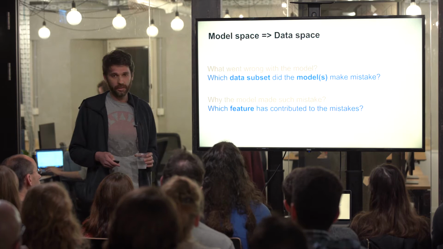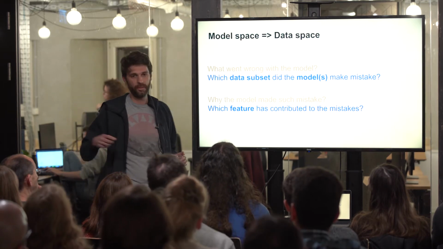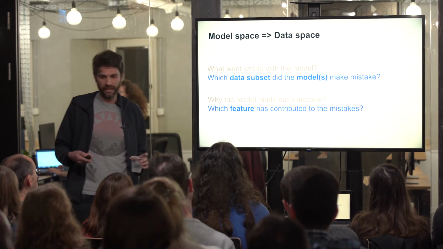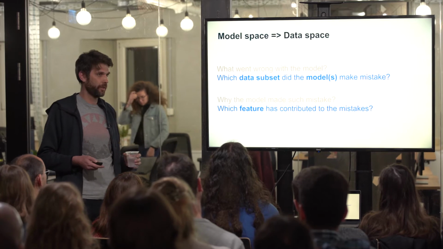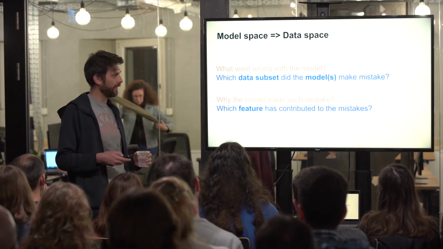What I really liked about the way they approach it is this formulation of moving from the model space into a data space. So to understand how the model performs, we need to look at how it performs on the data and analyze it from there.